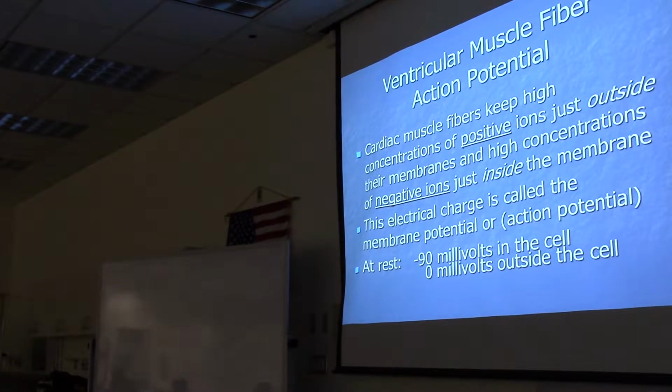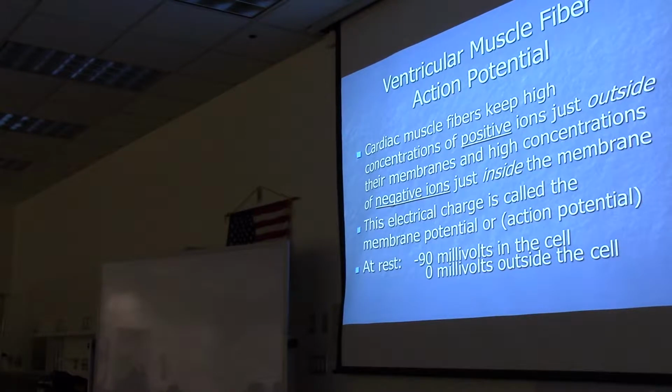All right, so the muscle fibers in the ventricles, the cardiac muscle fibers, have sodium, potassium, and calcium in different concentrations outside the muscle fiber cells and inside the muscle fiber cells. And that leads us into looking at EKGs.